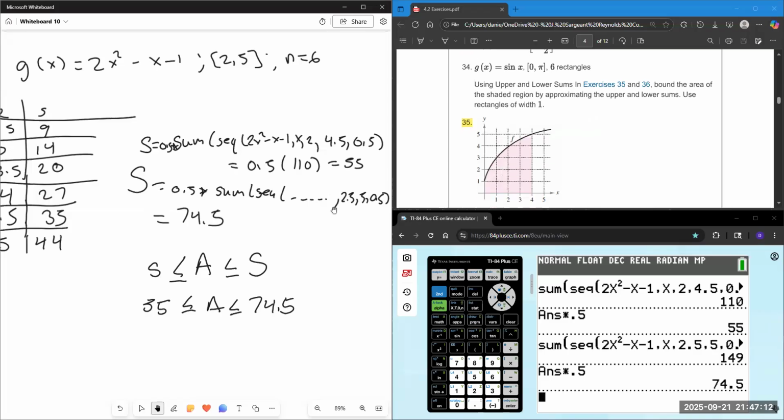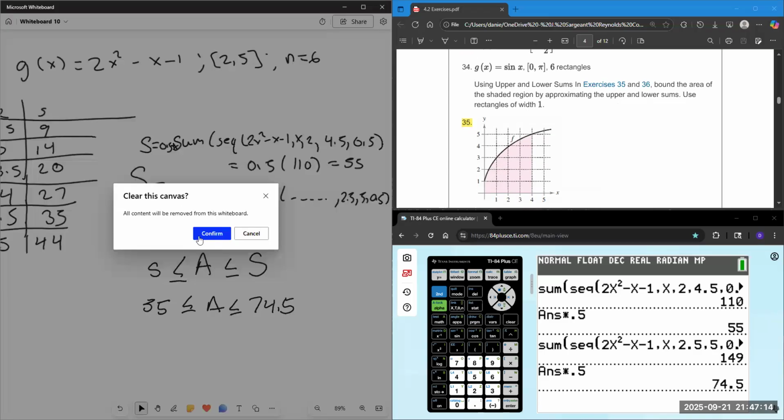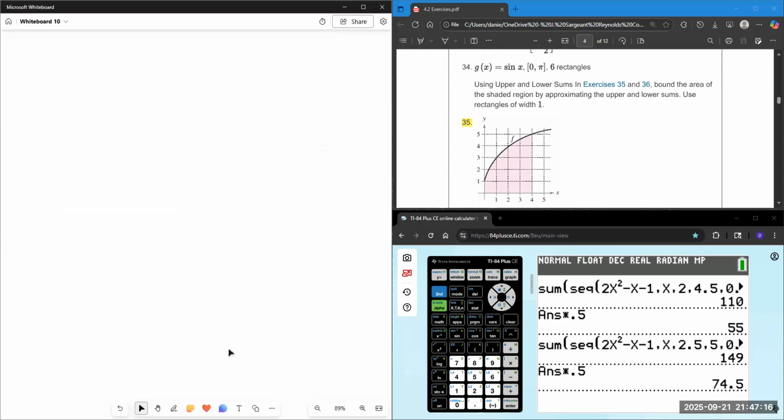Let's look now at number 35. And we're going to be using left endpoints and right endpoints here to find lowercase s and capital S for 35.